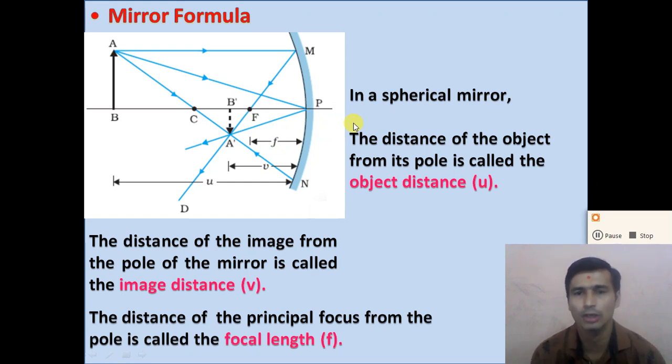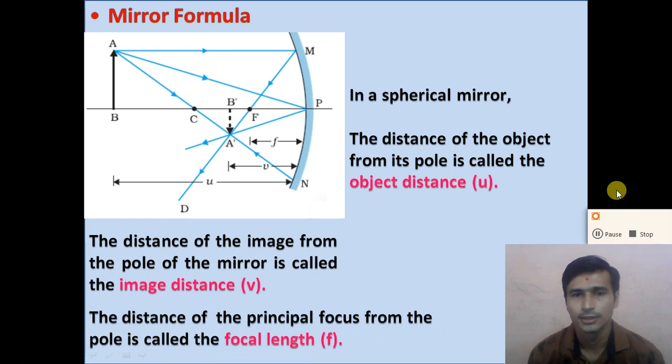First one is the object distance, second one is the image distance, and third one is the focal length. The distance of the object from the pole is called the object distance. The distance of the image from the pole of the mirror is called the image distance, and the distance of the principal focus from the pole of the mirror is called the focal length.